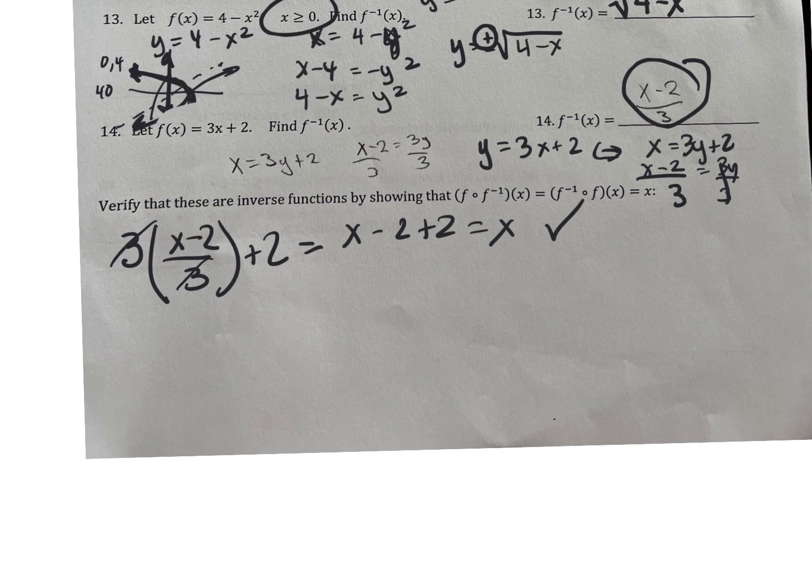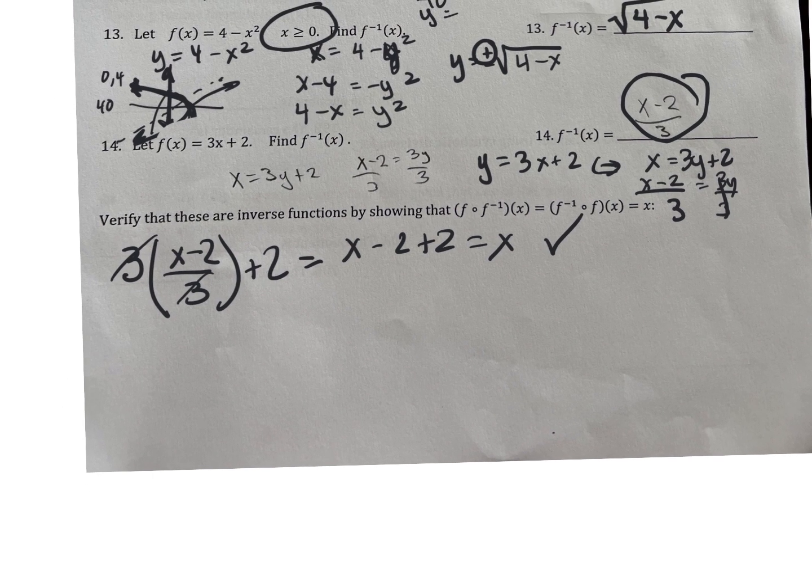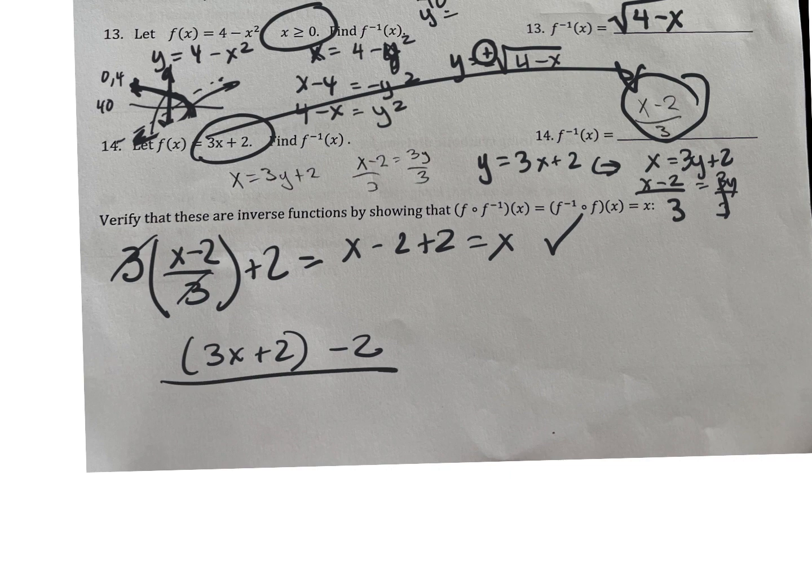So that works. Now if I plug f of x into my inverse, I end up with 3x plus 2 minus 2 all over 3. These cancel, and I get 3x over 3, which is just equal to x. And that works. So good job verifying. All right, next page.